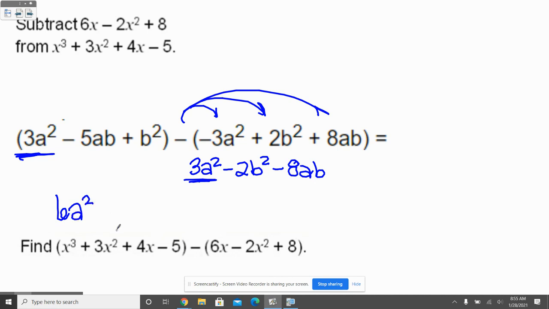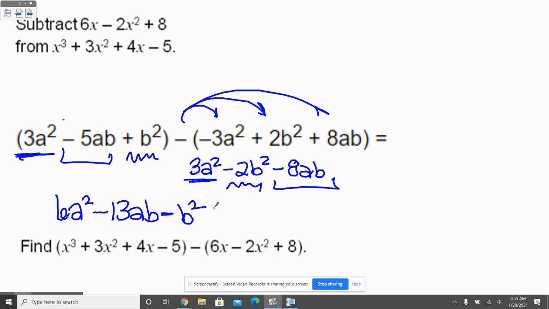So it is 6a squared minus 5ab minus 8ab. I'm getting a negative 13ab. And now I have b squared minus 2b squared, which is minus 1b squared. The 1 is optional. If you want to put it, please do. Minus b squared.